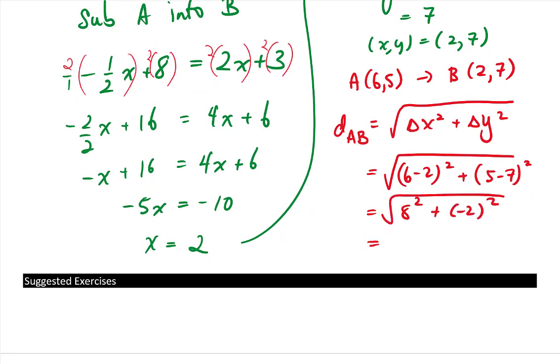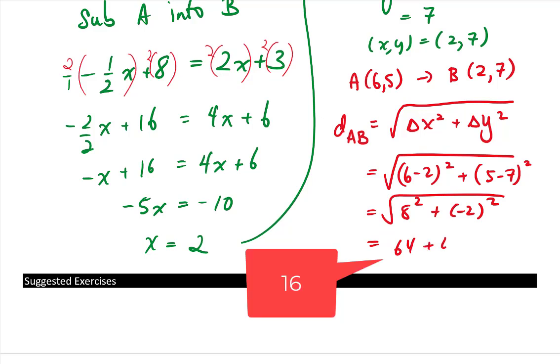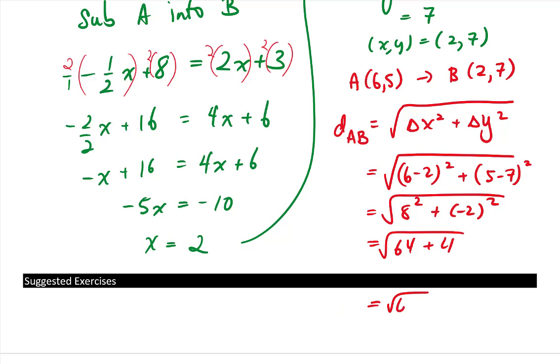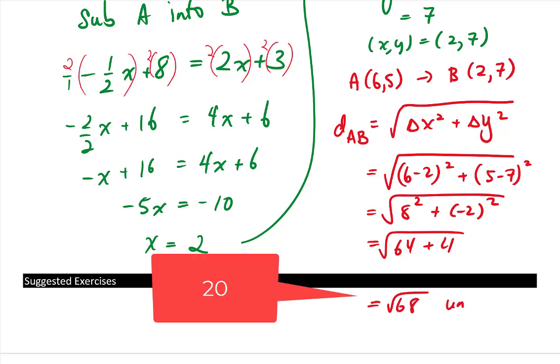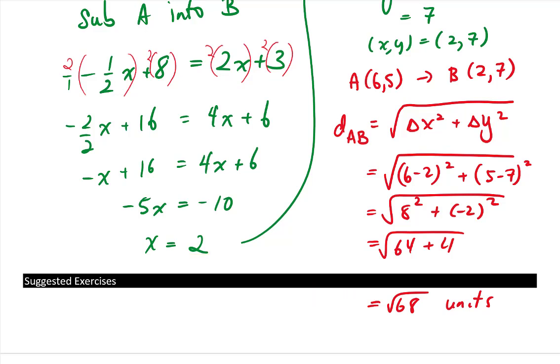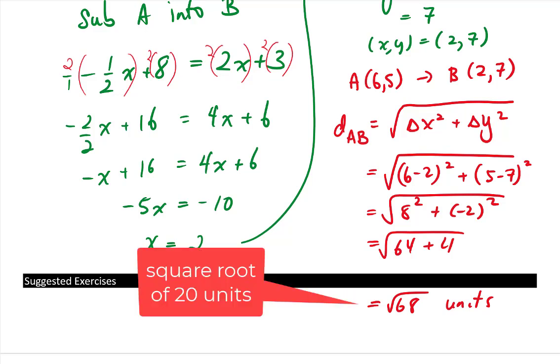And again, if we square both those numbers, that's 16 plus 4, which gives us the square root of 20. So the distance from the point to that line, the shortest distance, is the square root of 20 units.